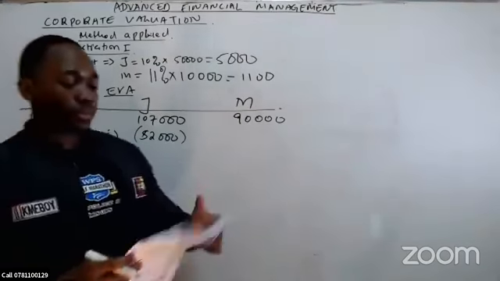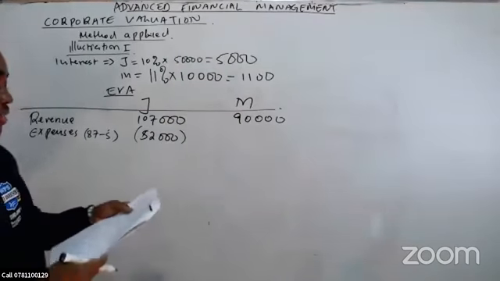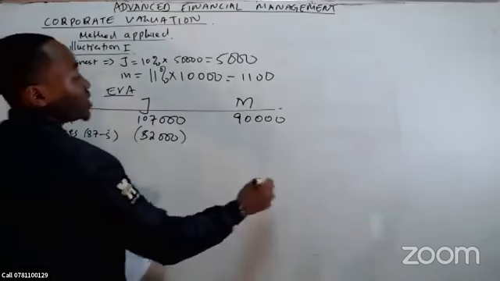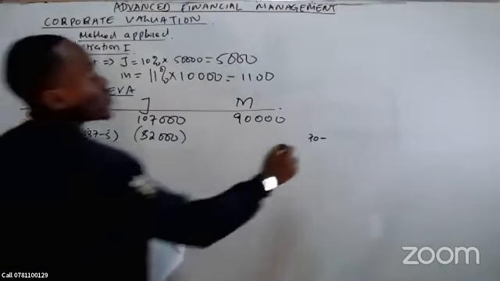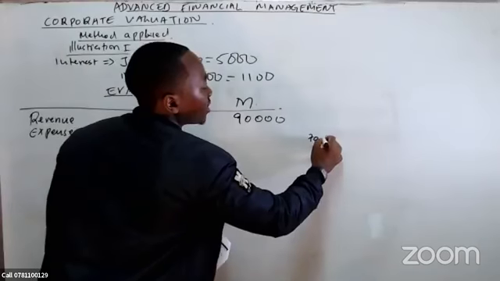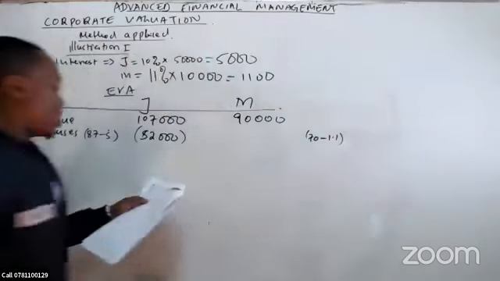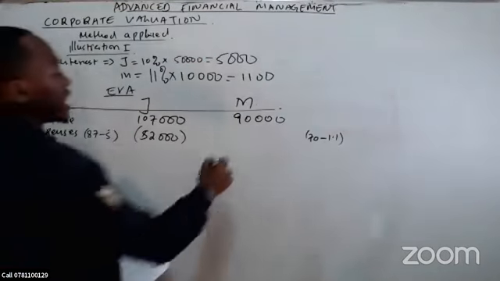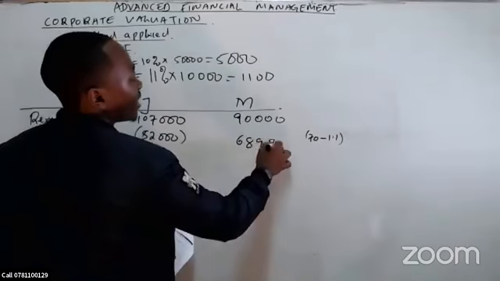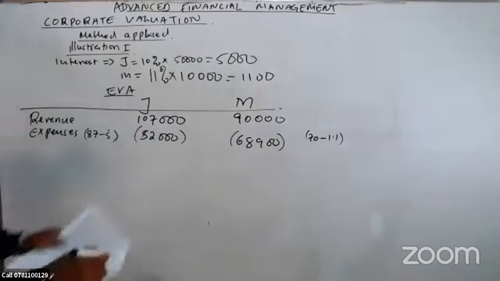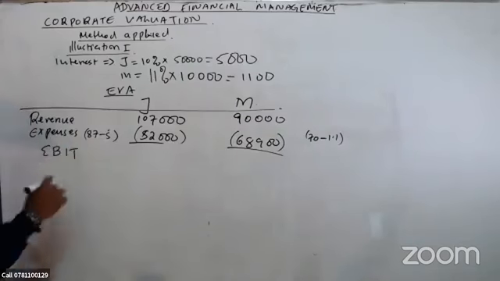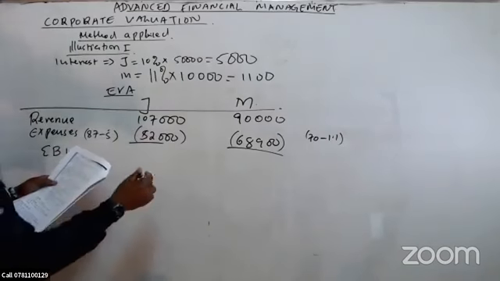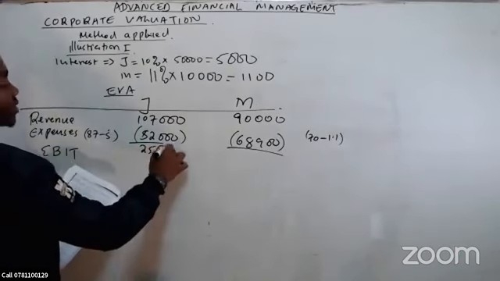Also for M, the operating expenses were 70,000. So you take 70,000 and eliminate the interest of 1,100, and in this case, you'll get 68,900. After that, now you can get the earnings before interest and tax. If you take 107 minus 82, you get 25,000.